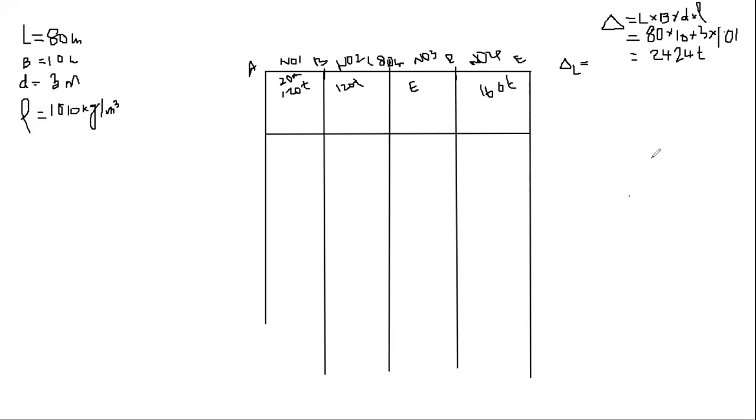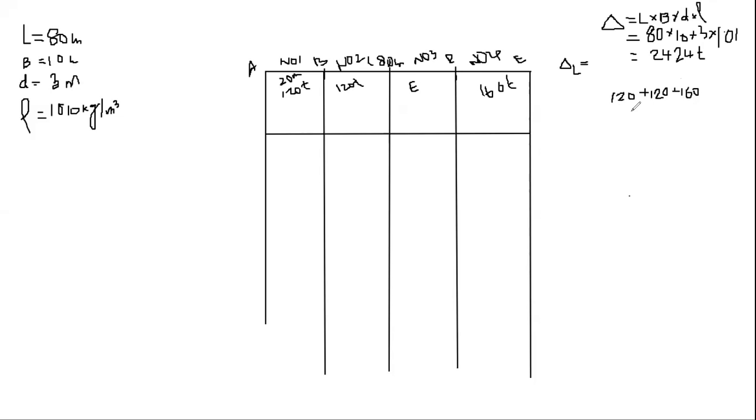So once we get the lightship mass, we can calculate how much will be the per meter lightship mass. It means we have the mass that is 120 plus 120 plus 160.